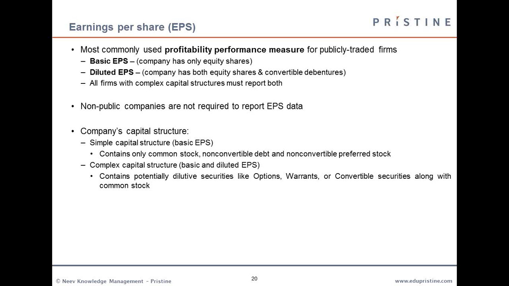However, if it has a complex capital structure, then it will have some potentially dilutive securities like options, warrants, convertible securities, etc. If a company has a simple capital structure, it needs to show only basic EPS. However, if it has a complex capital structure, it needs to report both basic and diluted EPS to measure the performance.